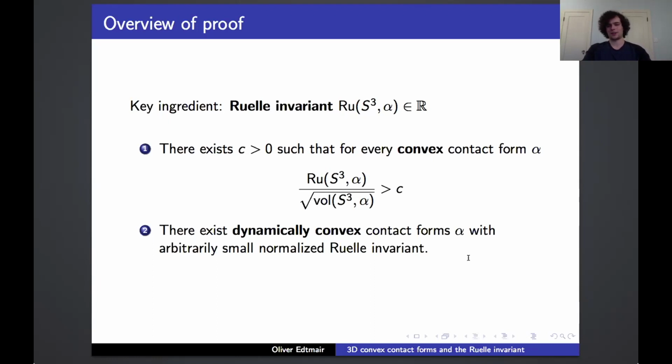So there's a strictly positive uniform lower bound. And on the other hand, we can prove that there exist dynamically convex contact forms such that the Ruelle invariant is positive but arbitrarily small. And so putting these two things together, we see there are dynamically convex contact forms that are not convex.